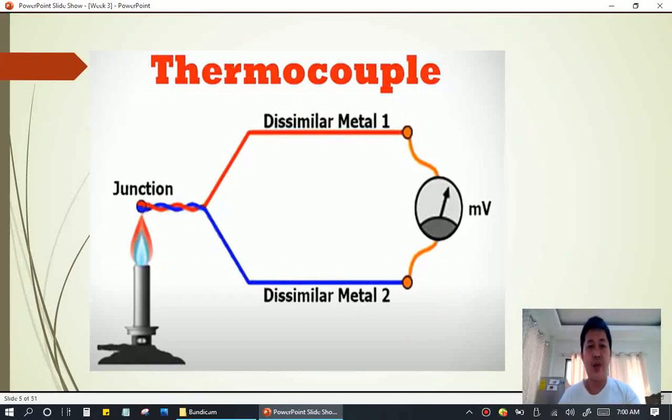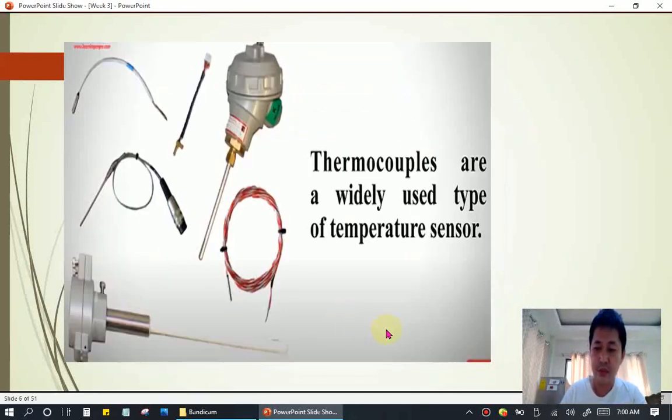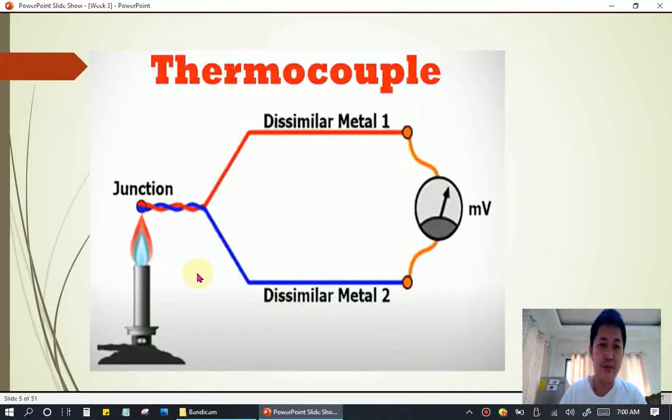We have the flame here, and we have the junction. So this junction, there is a connected sensor. For example, we use the thermocouple in our exhaust gas of the main engine, for example. So we have heated the sensor of our thermocouple.